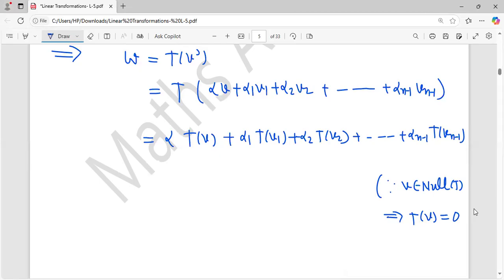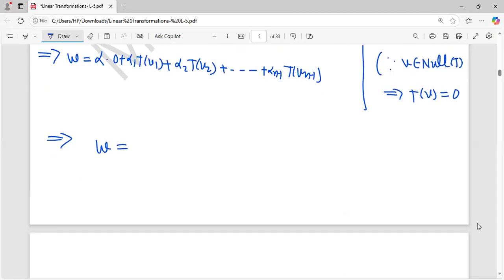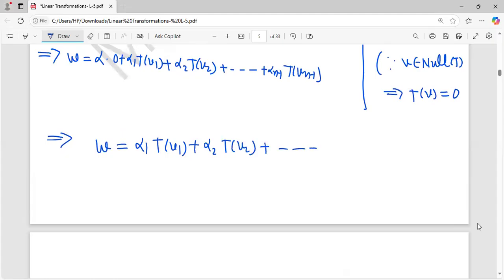So W is equal to alpha into 0 plus alpha 1 T V1 plus alpha 2 T V2 up to alpha n minus 1 T V n minus 1. So W is equal to alpha 1 T V1 plus alpha 2 T V2 up to alpha n minus 1 T V n minus 1.